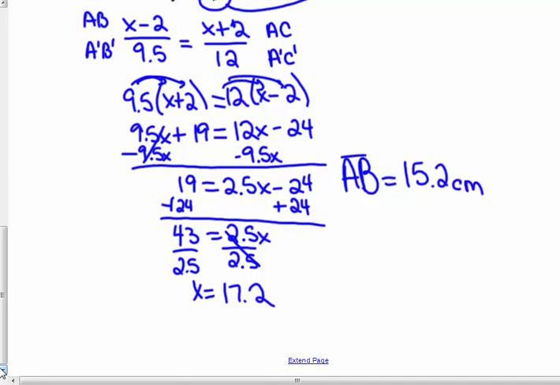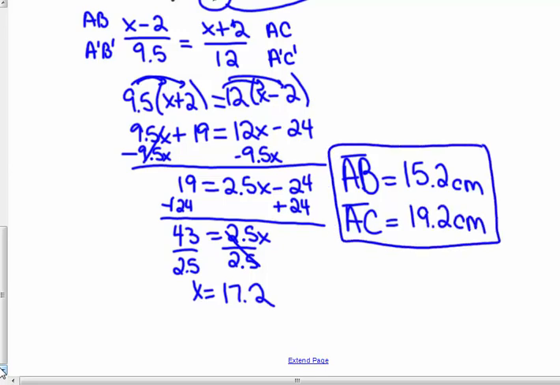And the length of AC, x plus 2, would be 19.2 centimeters. So it did ask us to do a little step up there and find the lengths of AB and AC, and we did that.